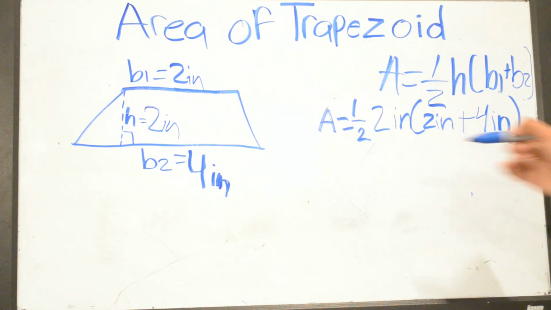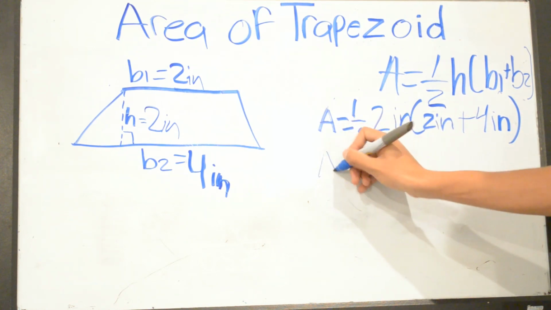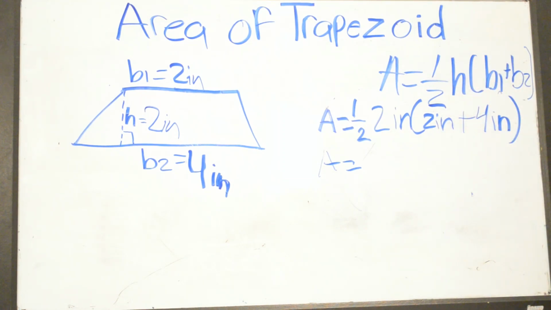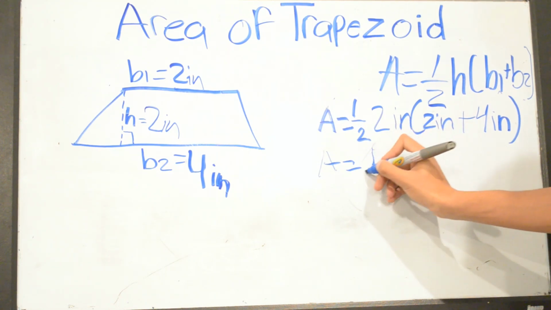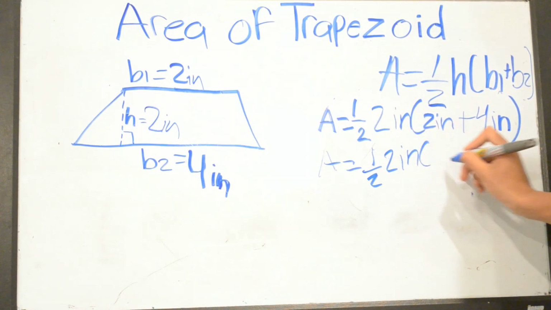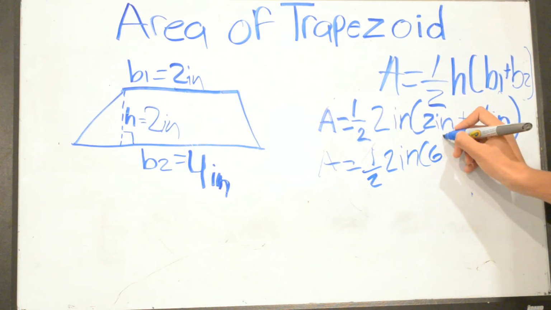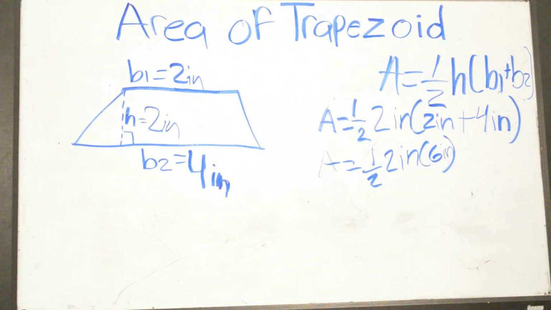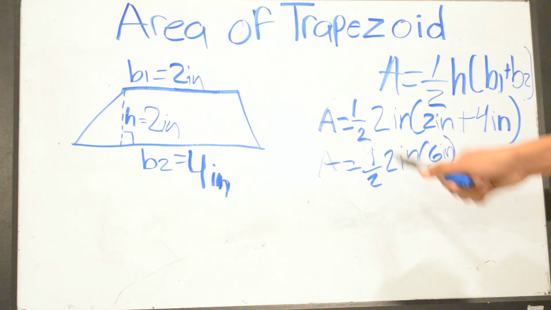Now we add our base 1 plus our base 2. 2 inches plus 4 inches equals 6 inches. So we write down 1/2 2 inches and 6. We multiply 6 inches times our height.